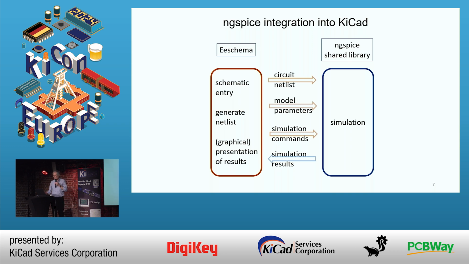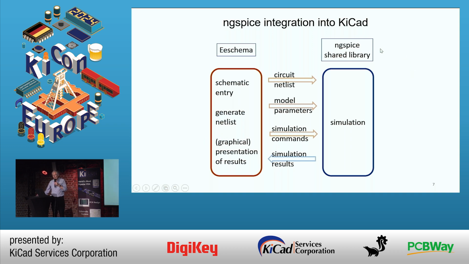The integration of ngspice into KiCad, especially into Eeschema. Eeschema allows schematic entry, generates the SPICE netlist, and offers the graphical presentation of the results. So it sends the circuit netlist to the ngspice simulator, model parameters and simulation commands are sent to the simulator, and the simulator sends back the simulation results.